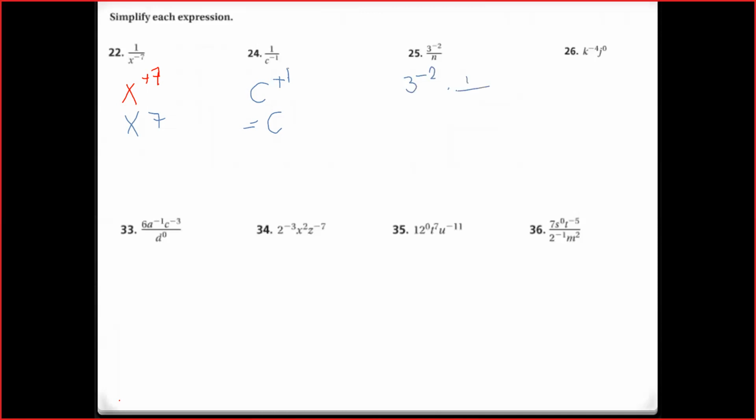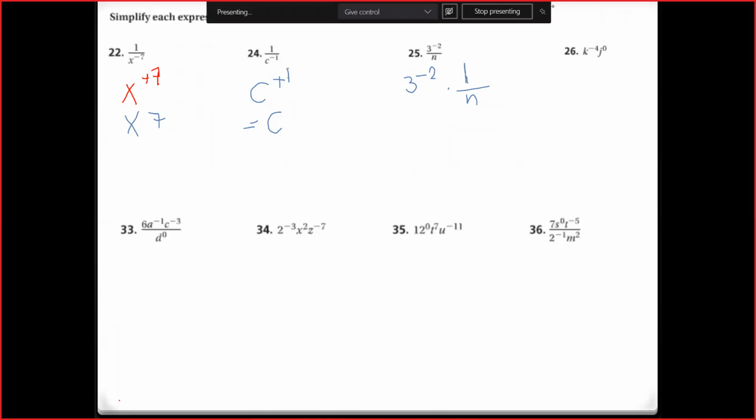multiplied by 1 over n. I expand it. Okay? Now, 3 to the power negative 2, sorry, multiplied by 1 over n. I expand it. Now 3 to the power negative 2, how can I rewrite it? What is the reciprocal of 3?